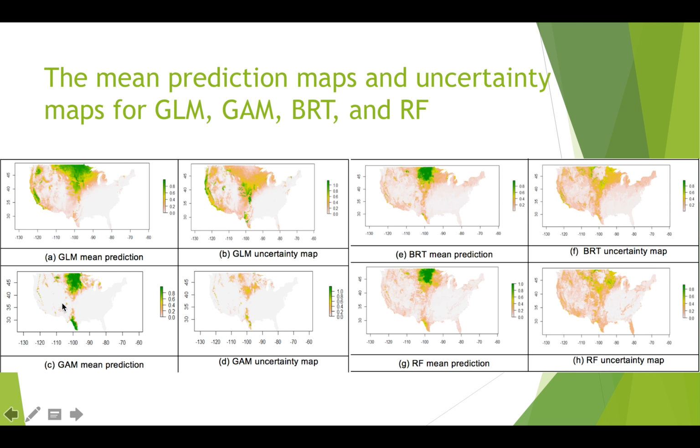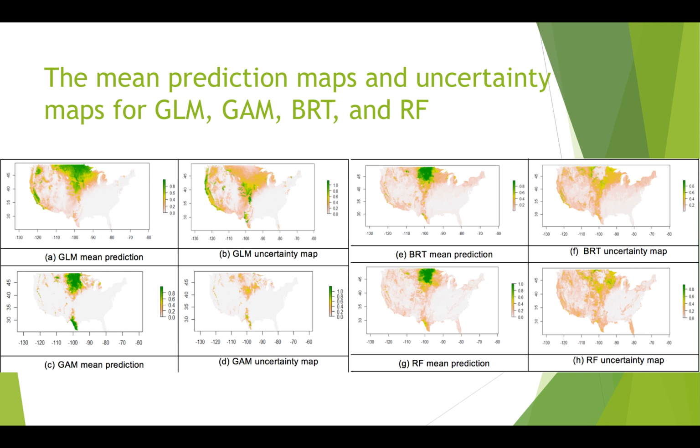Next, we can find the mean prediction of GAM shows overestimation in the Texas region. It looks like the whole of South Texas is regarded as a risk zone for anthrax.